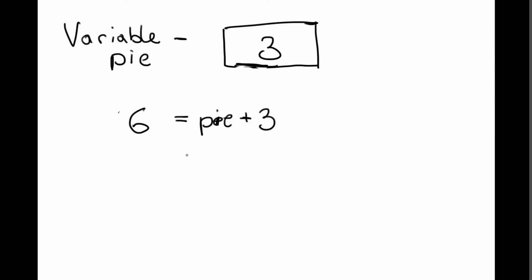If we were to change this to be, instead of 3, an integer of 5, then now pi plus 3 is going to be equal to 8, instead of 6. So all this variable does is just contain information about what this object is supposed to be.